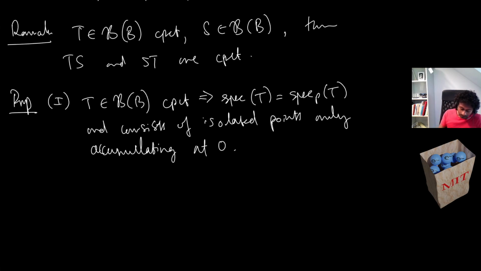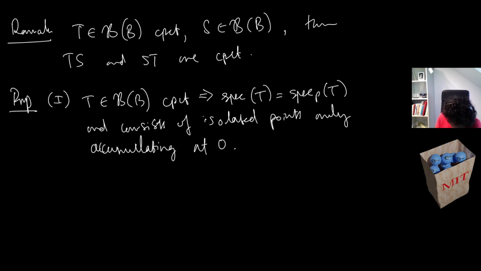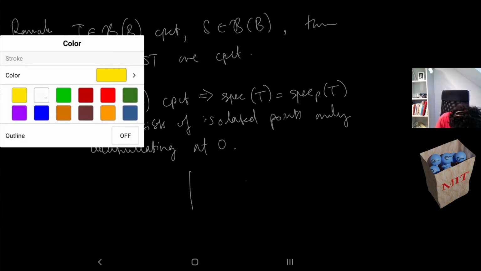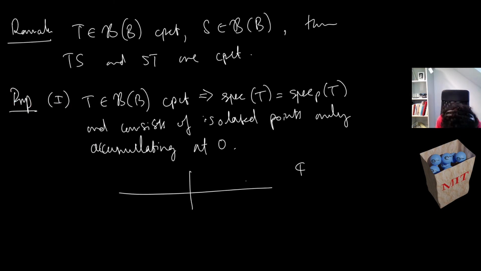Okay? So that means that we have points. The only accumulation point is going to be 0. So maybe there's lots and lots as we approach 0, but the only accumulation point is going to be 0, right?